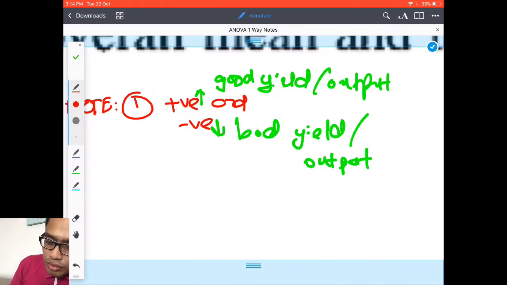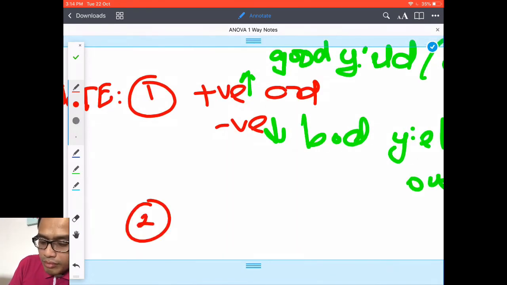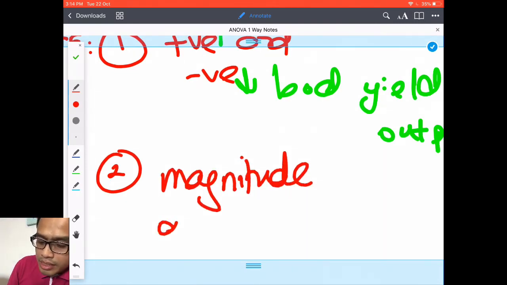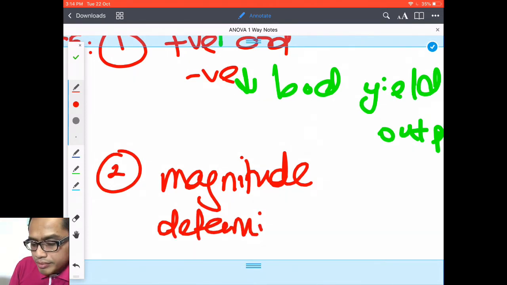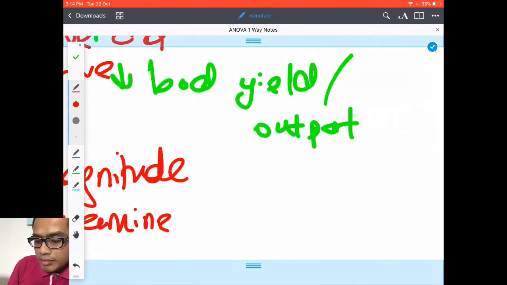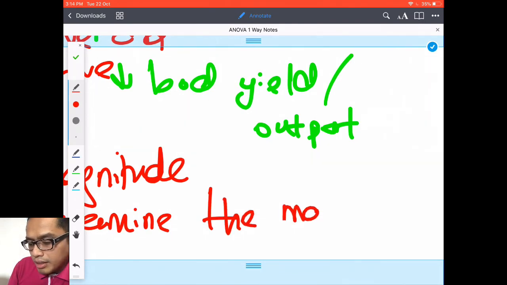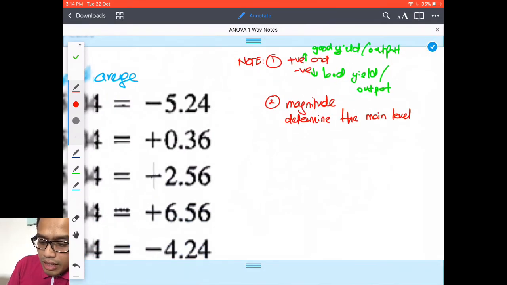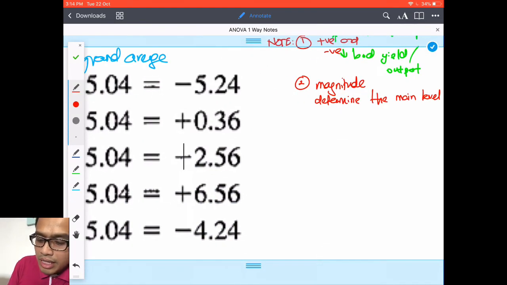Number 2, the magnitude determines the main level. In this case, out of all these, you can see that you have 2 negative and 3 positive.